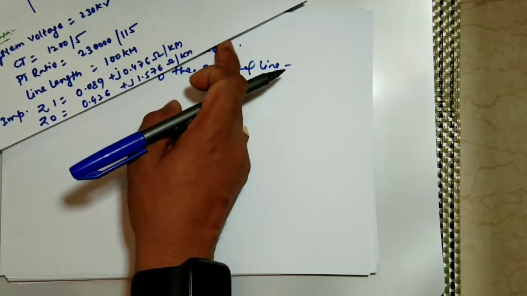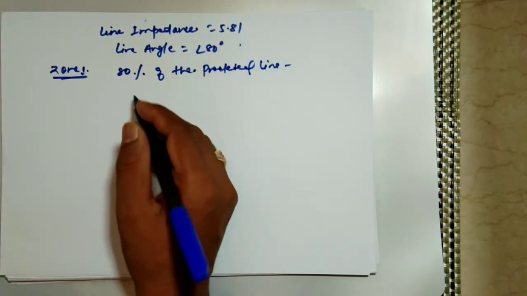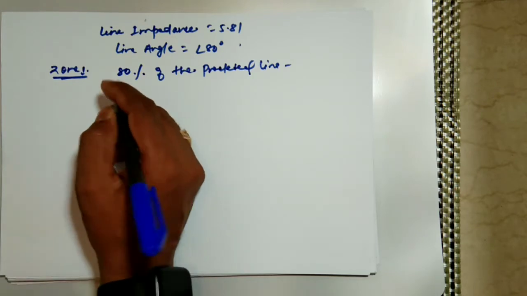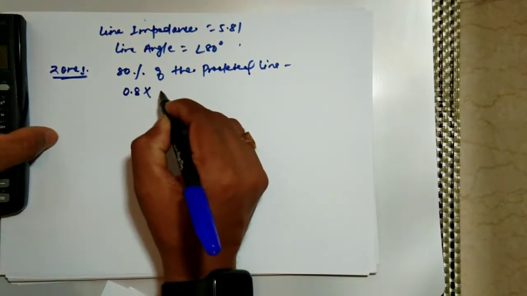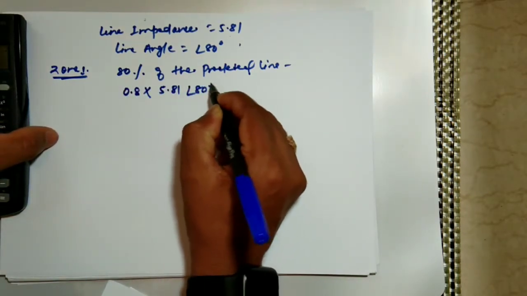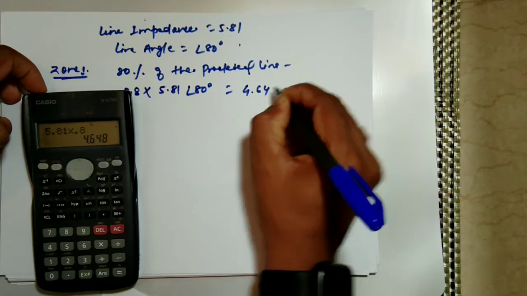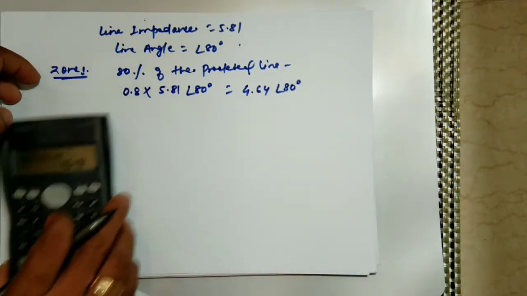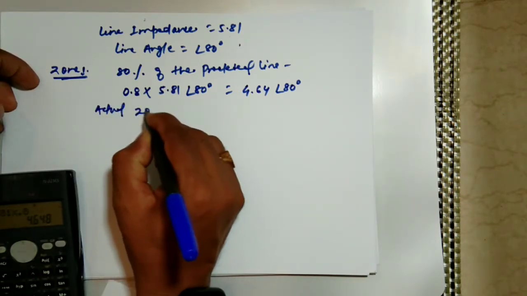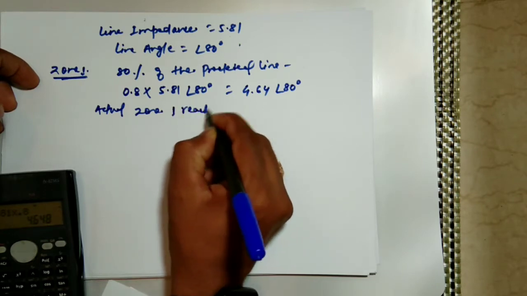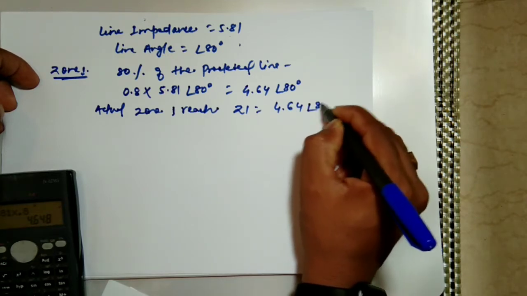Since our line impedance is 5.81, it will be 0.8 into 5.81 at 80 degrees, and you will get the value 4.64 and angle will be 80 degrees. So the actual zone 1 reach Z1 will be 4.64 ohm at 80 degree angle.